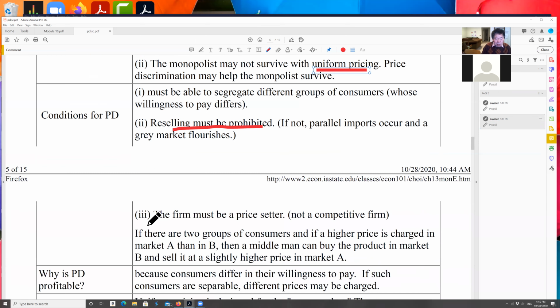And the third, the seller must be a price setter like a monopolist, not a competitive firm. Competitive firms cannot survive with dual pricing. Everybody figures out what you're doing and they will pay the lowest price.